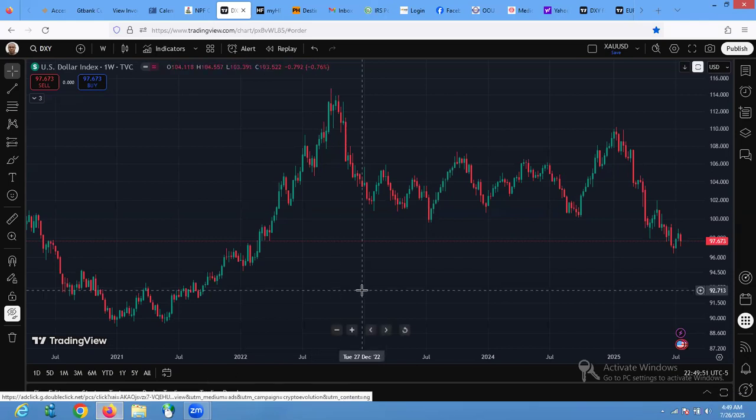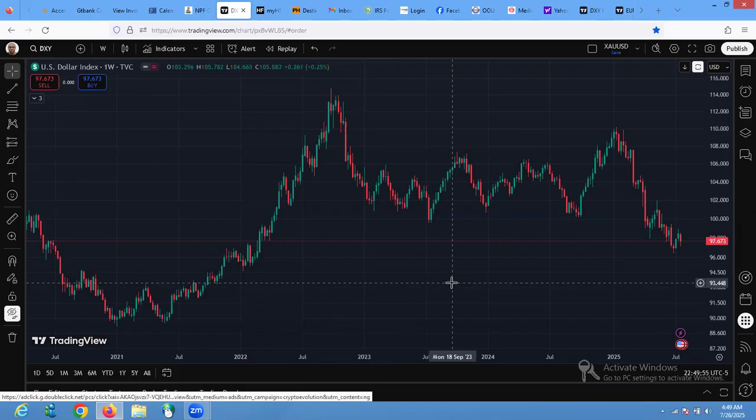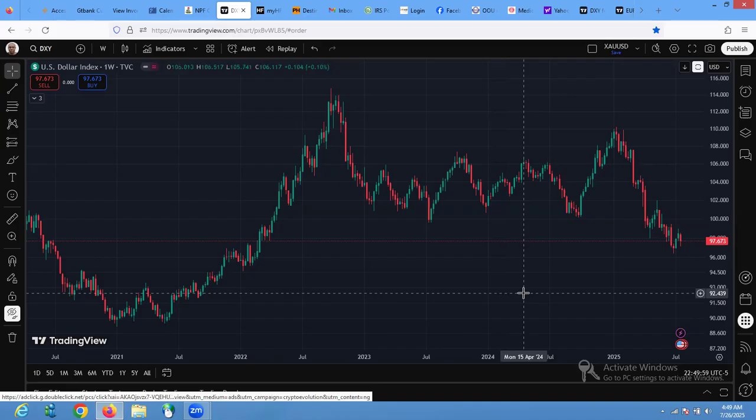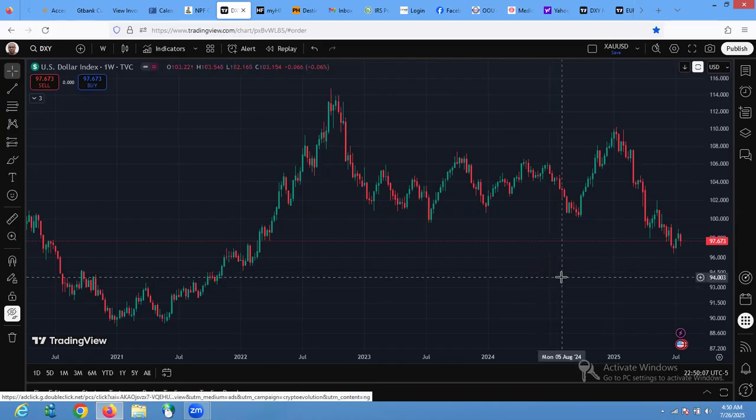We are starting as usual with DXY, and this is the weekly time frame. There is a whole lot going on in the market at this time, but again, we want to be on the right side of this trade.